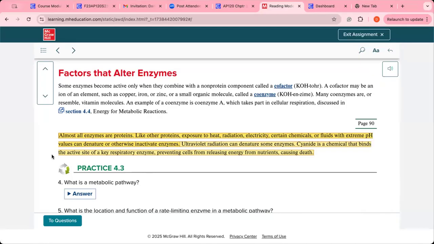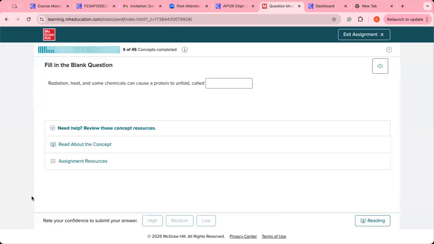So denature or denaturation. Let's look at the question called denature. Yeah. I think that's it, try it.